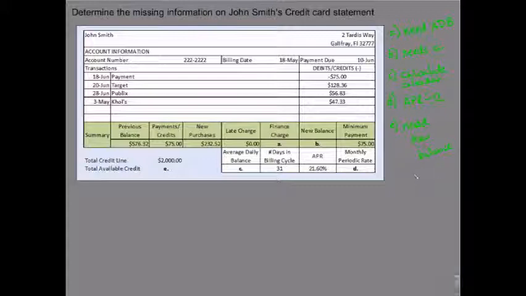Okay, so the only thing I can do right now without doing the calendar is D. So I'm going to go ahead and figure that one out. And so D is the APR divided by 12, which is 21.6 divided by 12. And that gives me 1.8%. Okay, so D I could find.